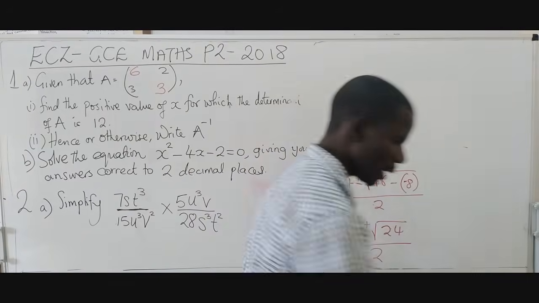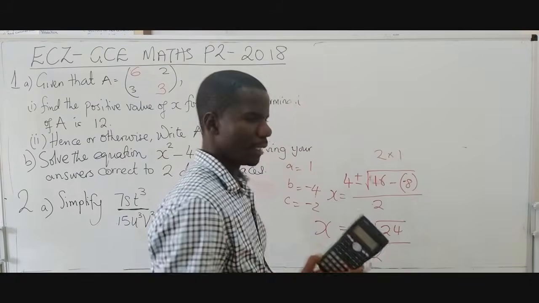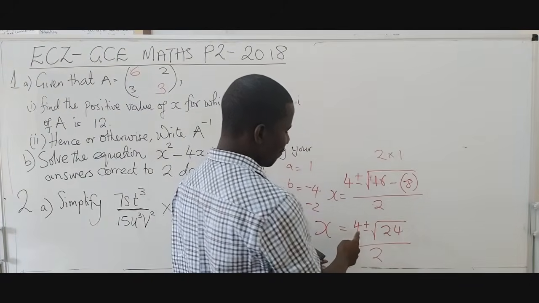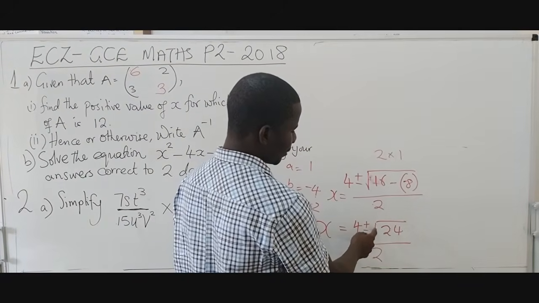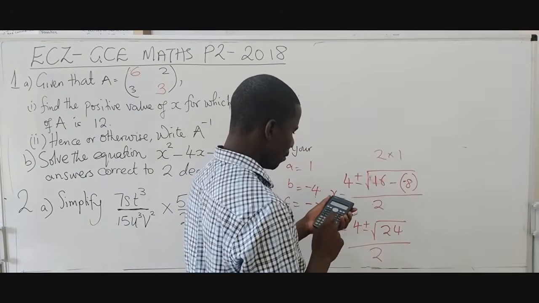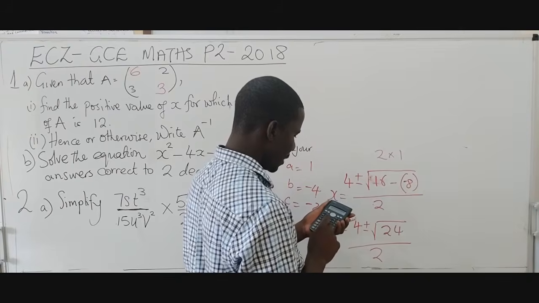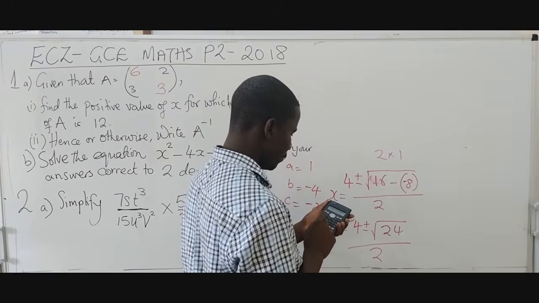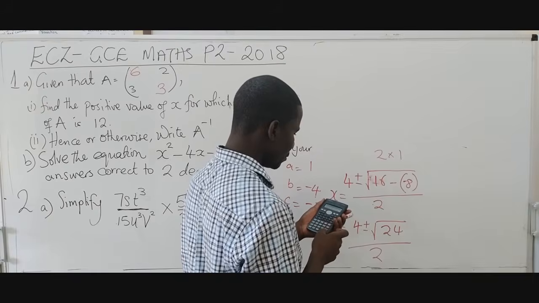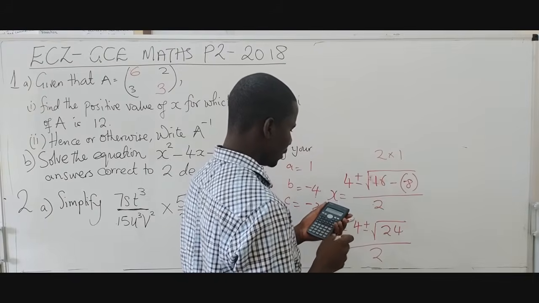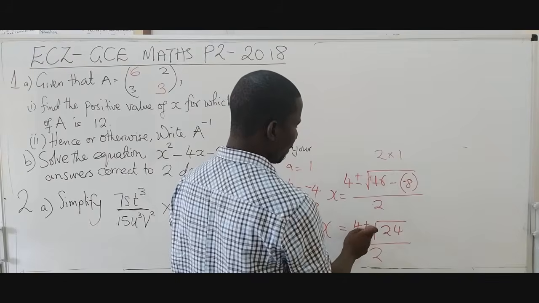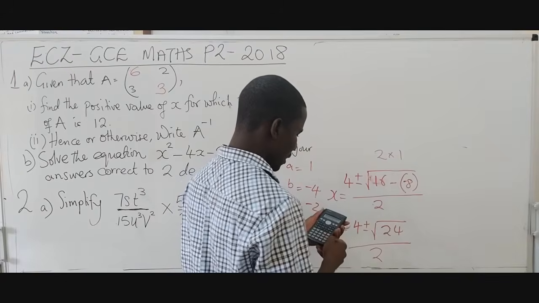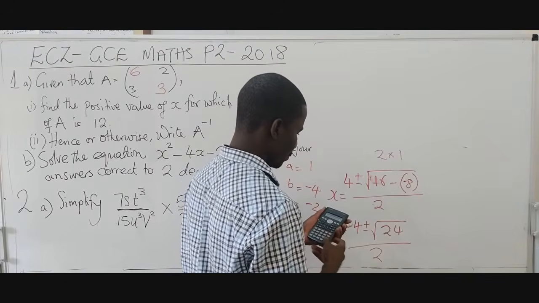So for the first one, we're going to get our calculator. You say 4 plus the square root of 24 equals, then divided by 2.